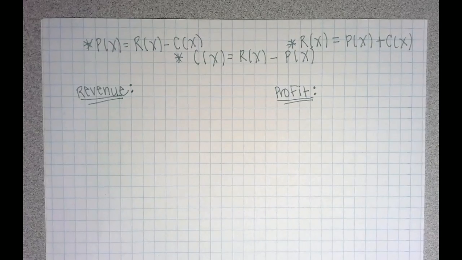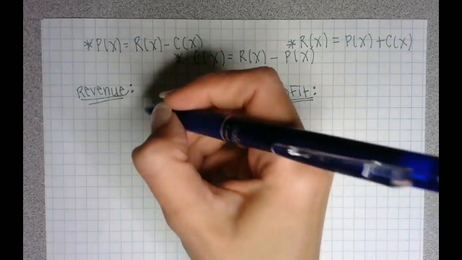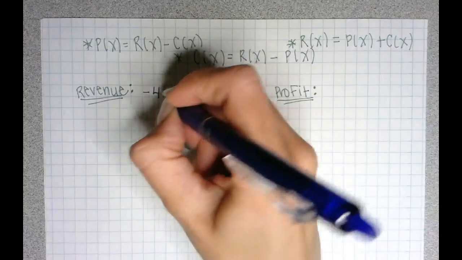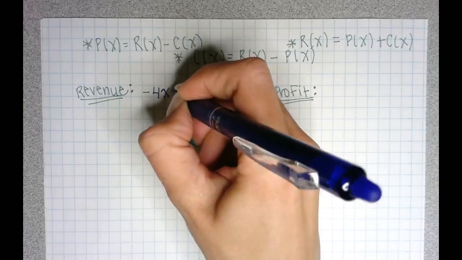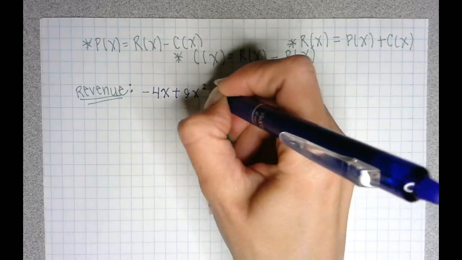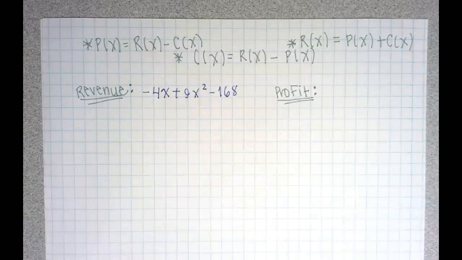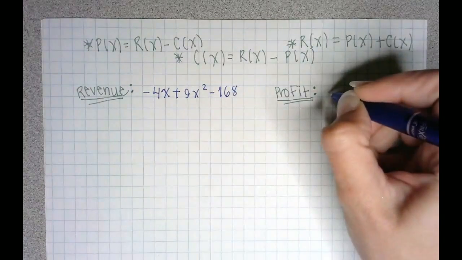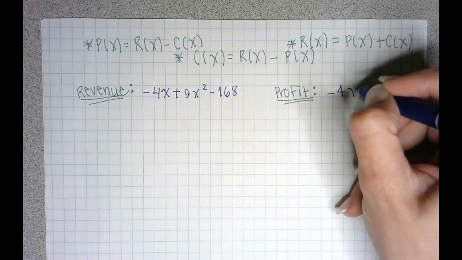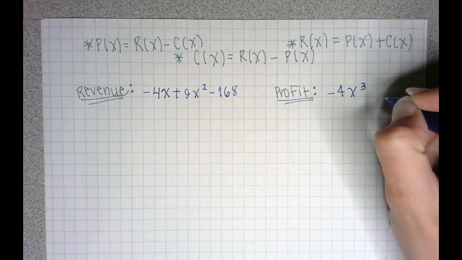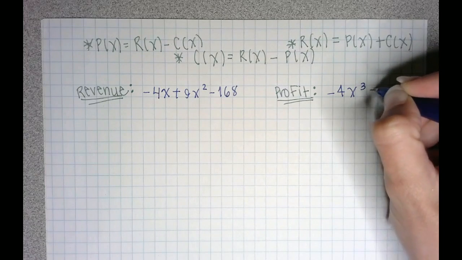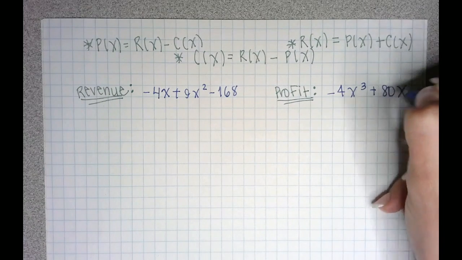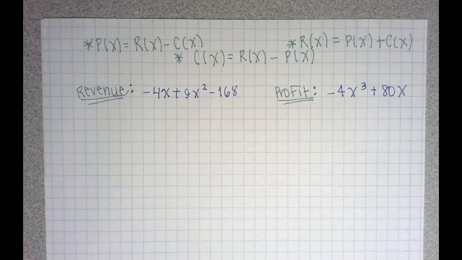So let's say they gave you that the revenue is negative 4x plus 9x squared minus 168. And let's say that the profit is negative 4x cubed plus 80x. So someone figured it out, you hired someone, they did it for you.